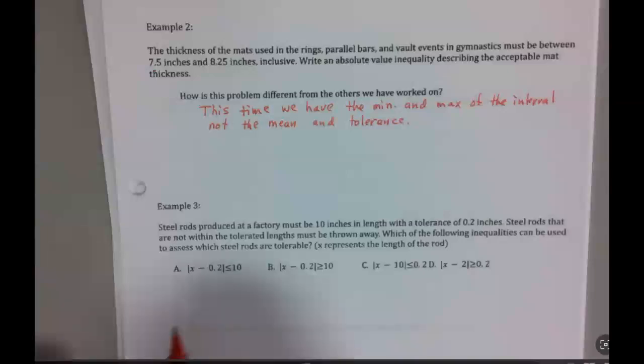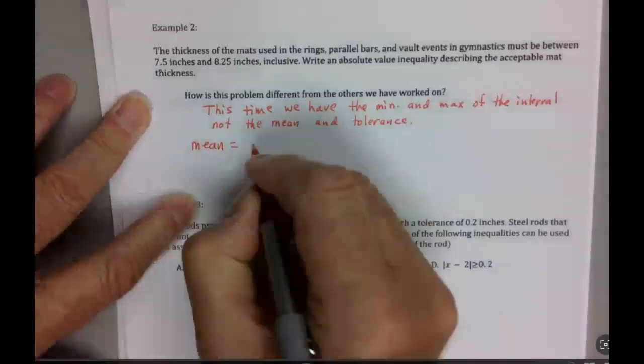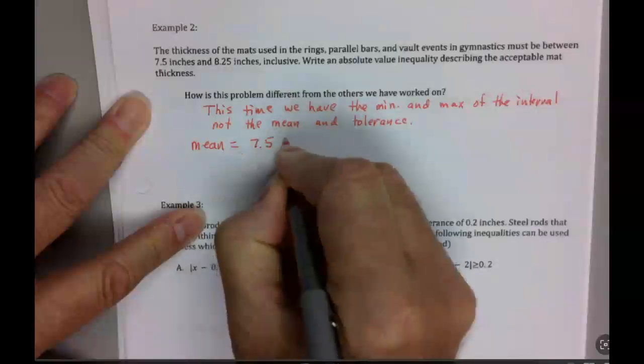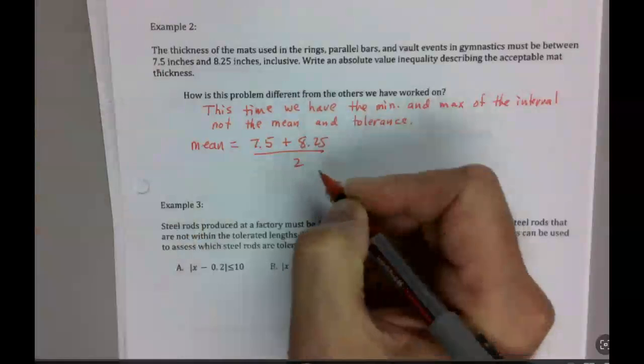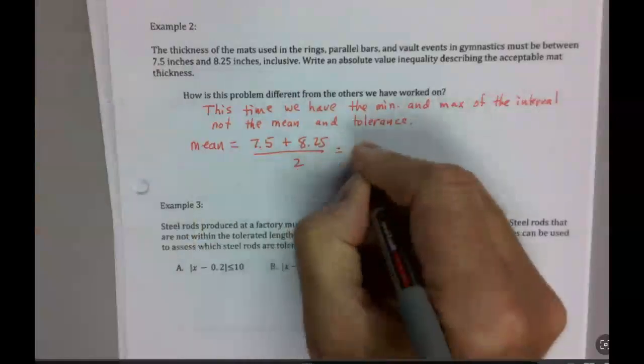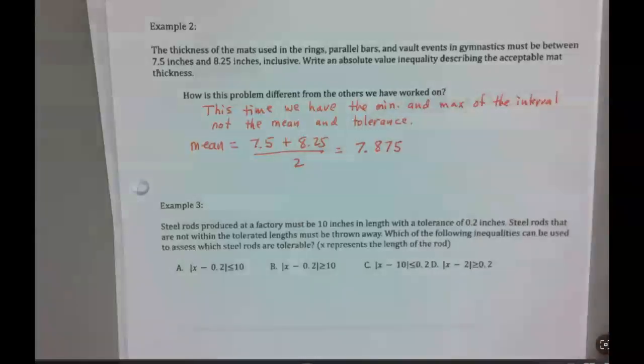So the mean is equal to 7.5 plus 8.25 divided by 2. And I end up getting 7.875. Correct?